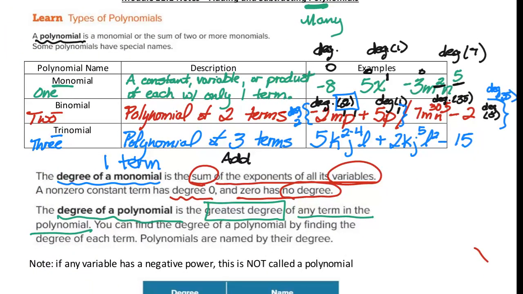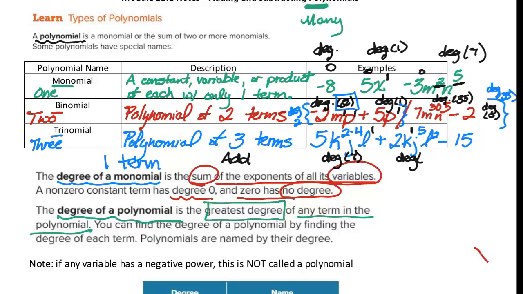And last but not least, what is the degree of 5k squared j to the 4th L? 7. Yes, very good. There's a 1 at the end there. 2 plus 4 is 6, plus 1 is 7. What's the degree here? K to the first, J to the fifth, L to the second.